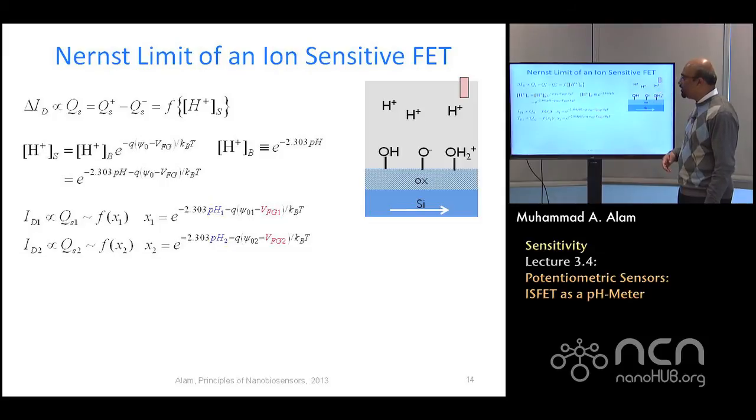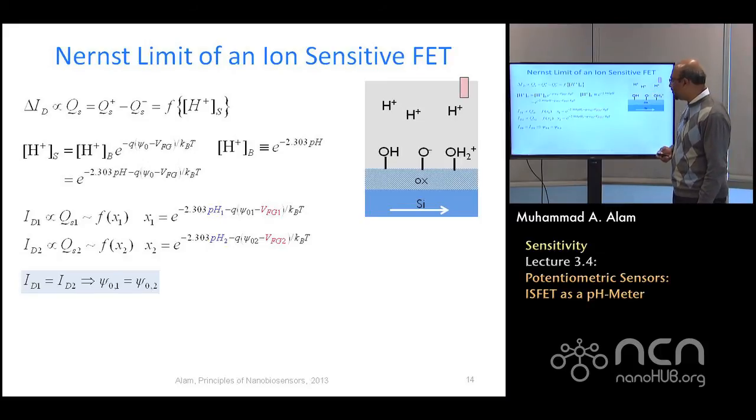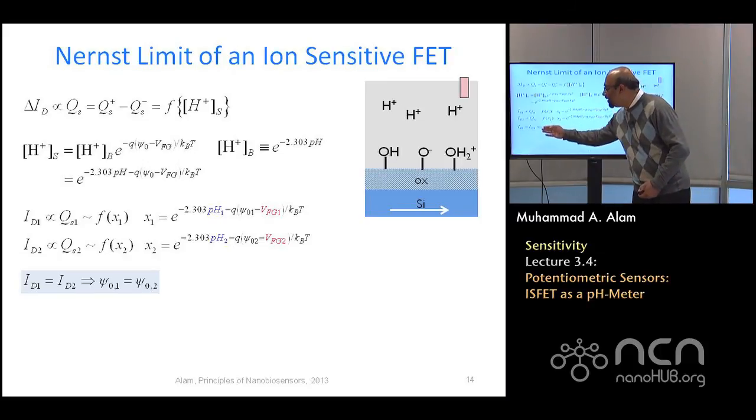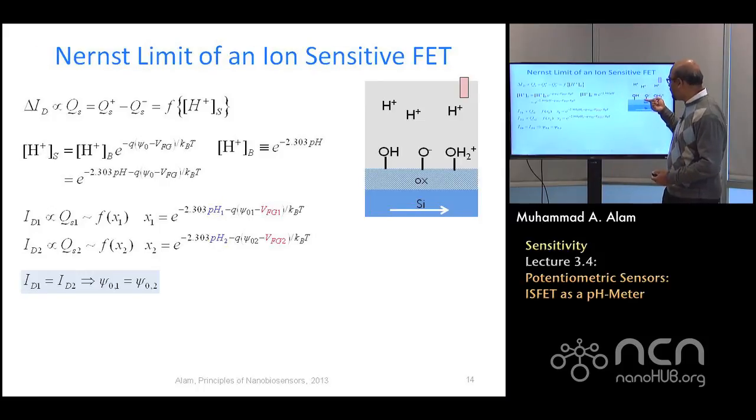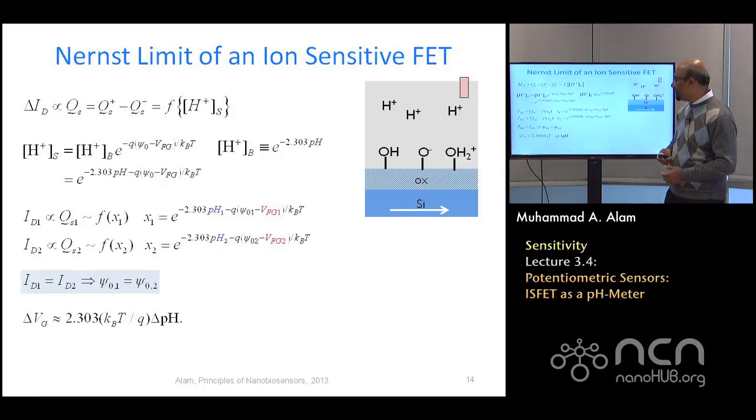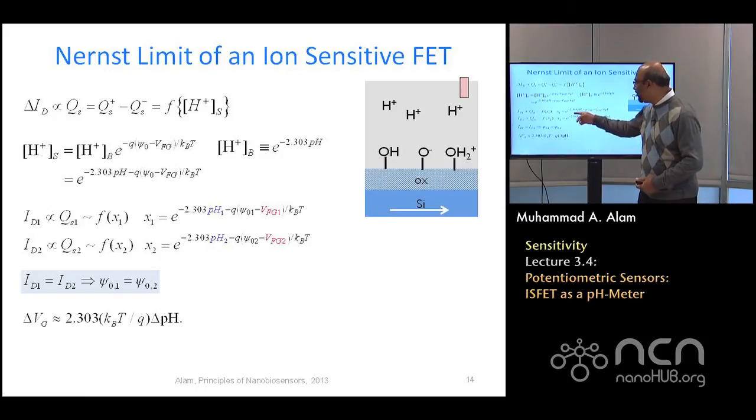That will essentially tell you the change in the surface potential, or the change in the bulk pH concentration. Making it return back to its original value ensures that the surface potentials, or the potential at this point, are exactly the same.